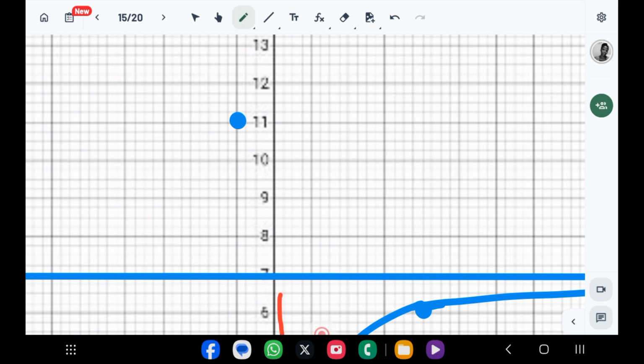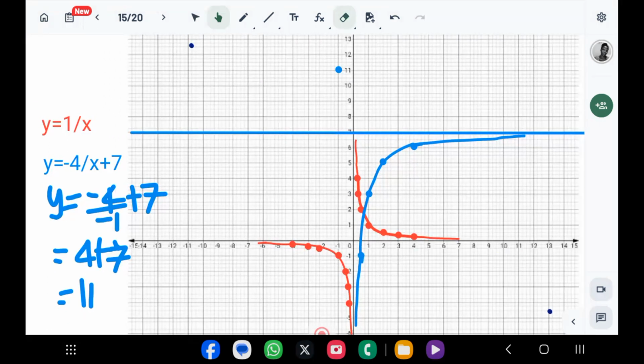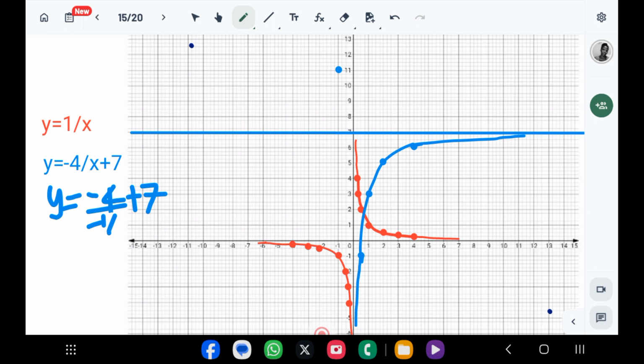Okay, when x equals to negative half, negative 4 divided by negative half is equals to negative 4 times negative 2 over 1, which is 8.